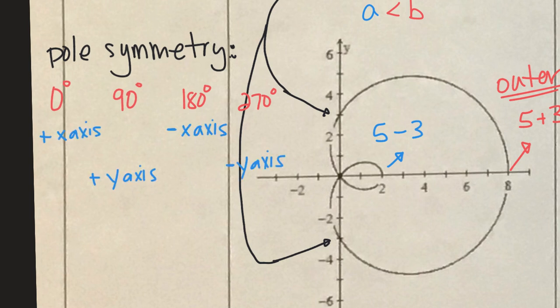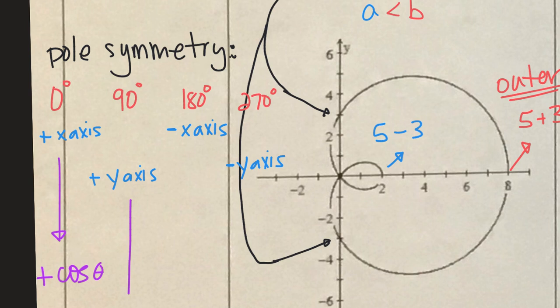Okay, here are your other ones. A 90 degree is your positive y-axis. A 180 is your negative x. 270 is your negative y-axis. Now, I just asked my class, how do we know which one it is? Okay, and you know based upon your trigonometry, whatever trig word is being used in your problem. So if we have a positive and a cosine, then that is the positive x-axis, which is the 0-degree pole.